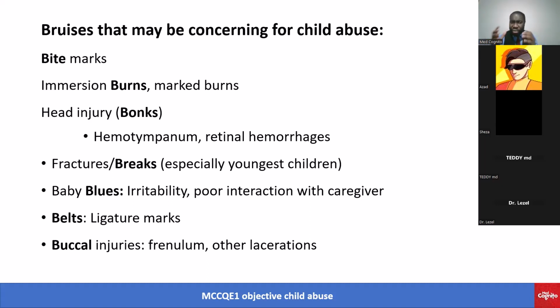So bongs is like head bongs, and when the head bongs, you get retinal hemorrhages, bleeding behind the tympanum, fractures and breaks, especially in very young children who probably should not be having that kind of fracture. And then baby blues: the child is so irritable, they can't even interact with their caregiver. Ligature marks and buccal, like in the mouth. So in child abuse, if you remember the B's, if you even learn 4 or 5, you should be good.